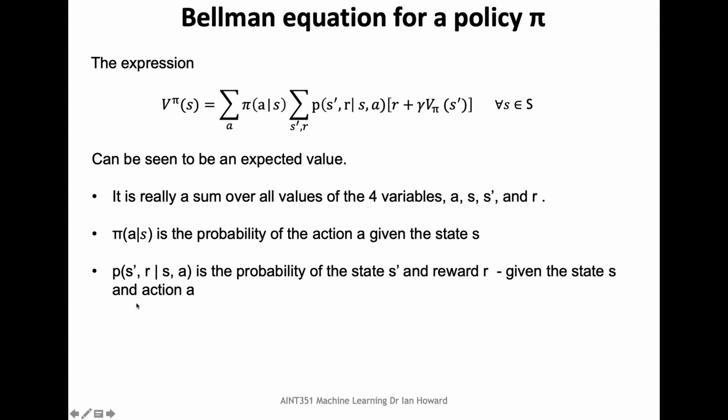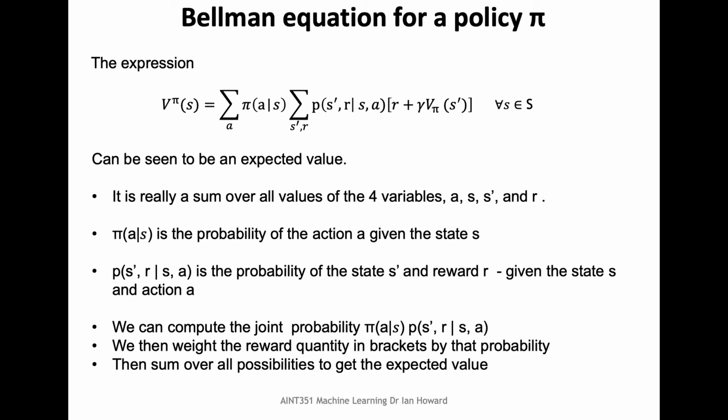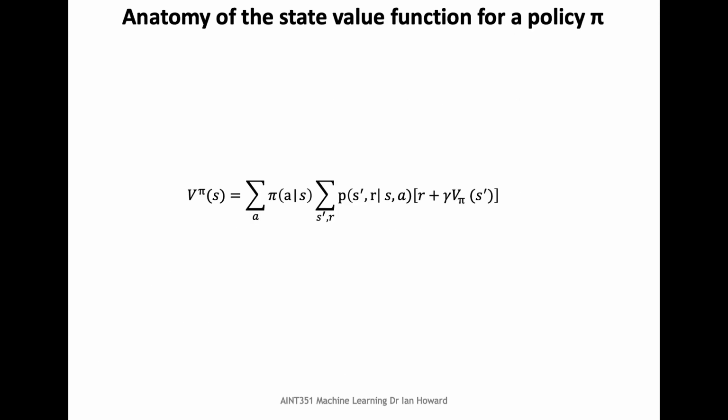And this P of S prime, R given S and A is the joint probability of the next state and reward given the current state and the action. We calculate this joint probability and then weight the reward value by it, and then just sum across all possibilities to get the expected value.